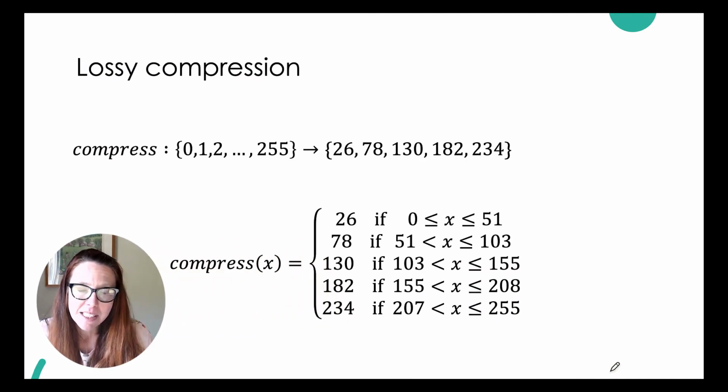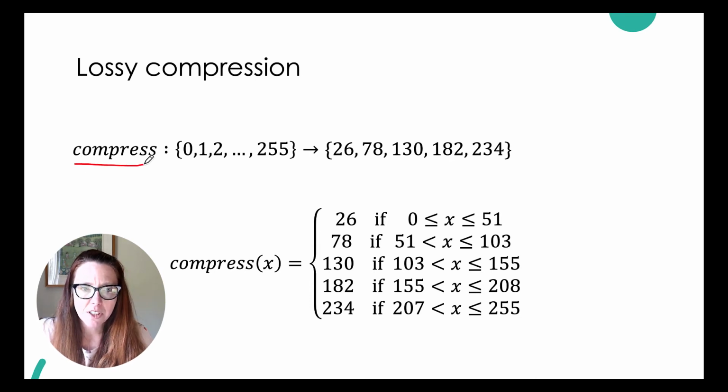Other ways that we see within computer science the use of functions, there are many, and we'll come to that at the end. But here's an example of a function that's defined to be a type of compression. So this is an example of a type of lossy compression.